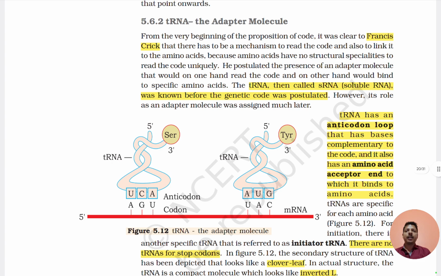That points towards tRNA, the adapter molecule. Francis Crick proposed that there has to be a mechanism to read the code and also to link it to the amino acids, because amino acids have no structural specialties to read the code uniquely.